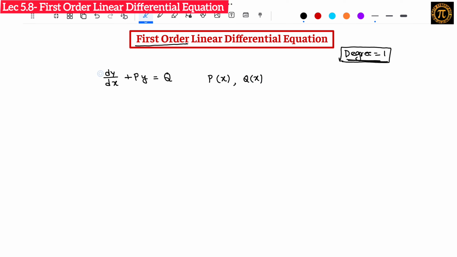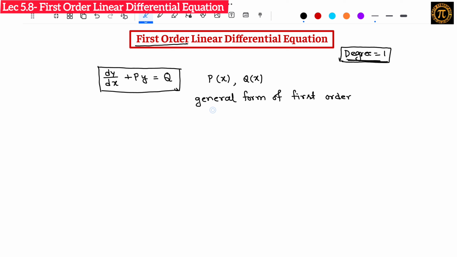This equation, dy/dx plus Py equals Q, is called the general form of a first order linear differential equation. Clear?